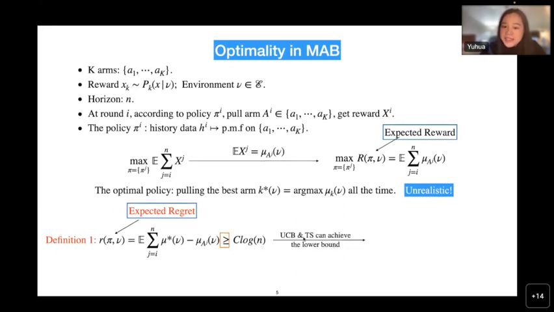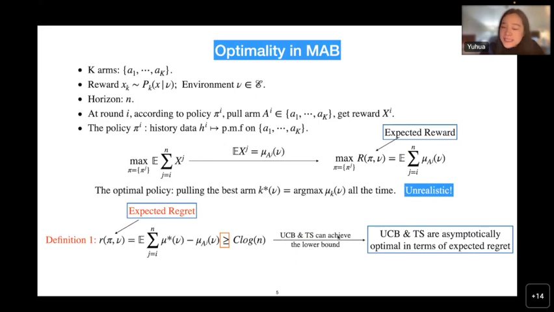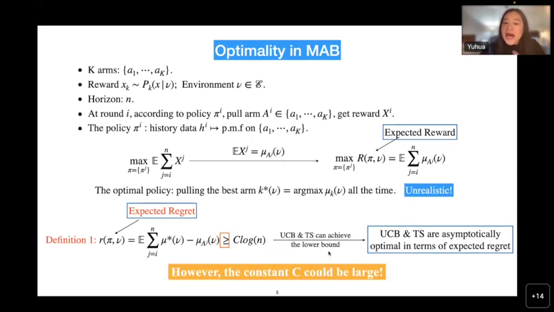People prove that UCB, upper confidence bound, and Thompson sampling can achieve this lower bound of order log n. In this sense, UCB and Thompson sampling are asymptotically optimal. However, we have a constant C here, and this constant C could be very large.